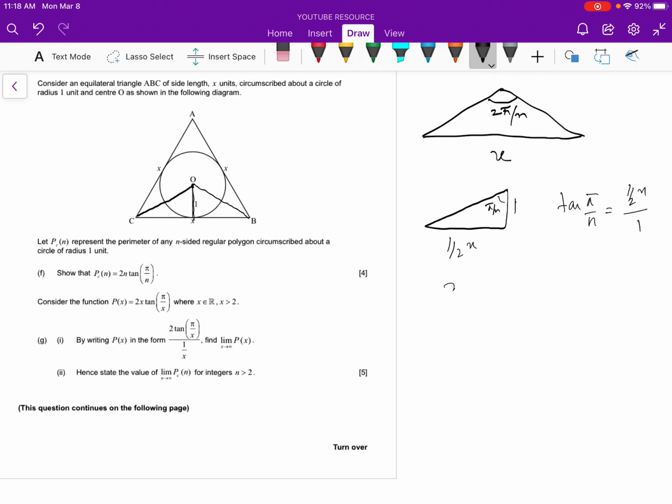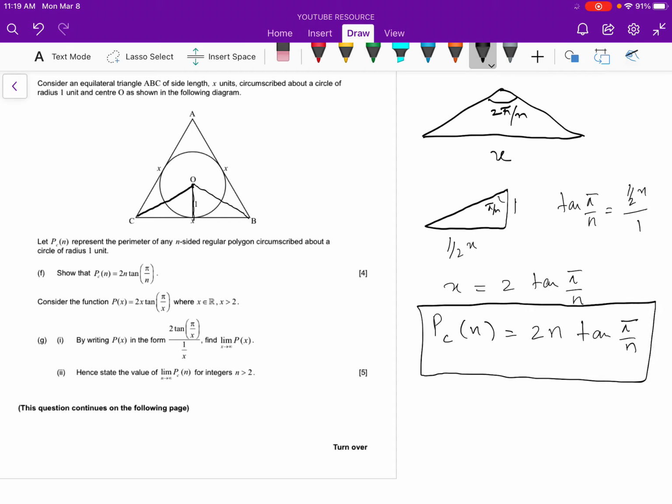So x equals 2 times tan(pi/n). So the perimeter of the n-sided polygon should be n times this value of x, so it's 2n tan(pi/n). This is the perimeter of the n-sided polygon which is circumscribed about a circle of radius 1.